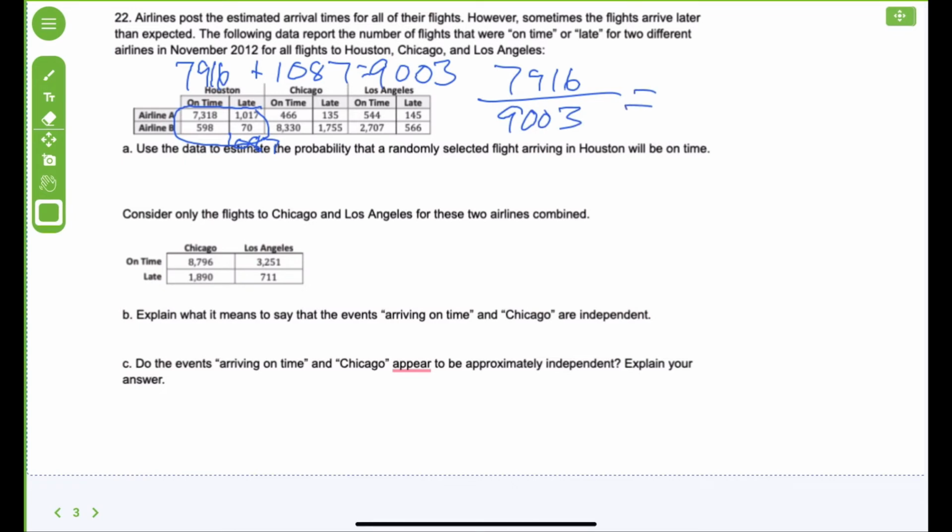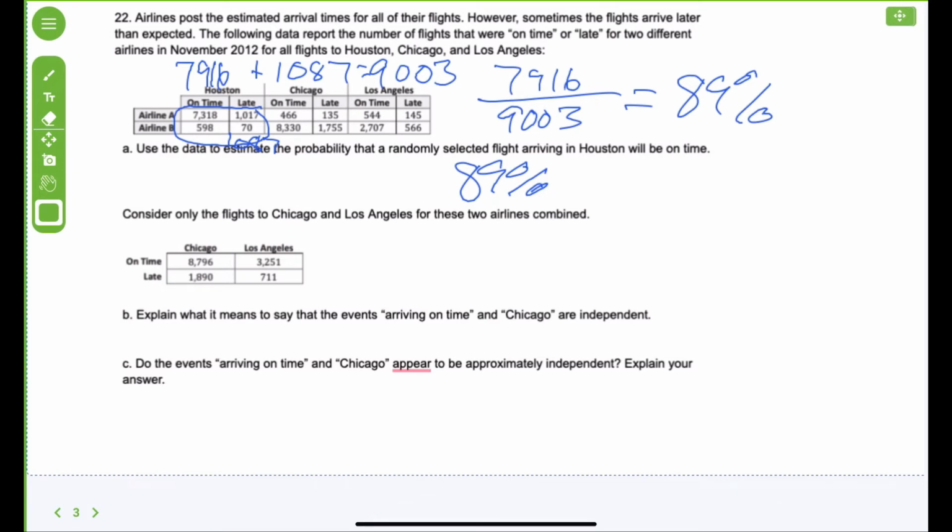And the answer would be we have 89%. Okay, so you got about an 89% probability that you will arrive on time when flying to Houston using either of those airlines.